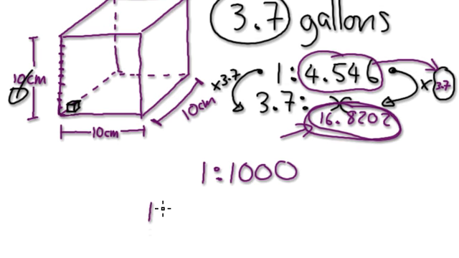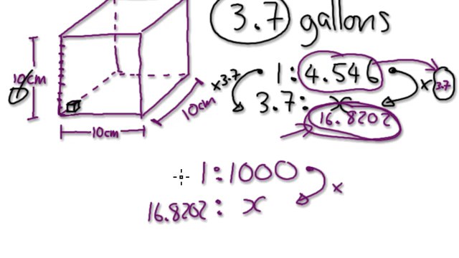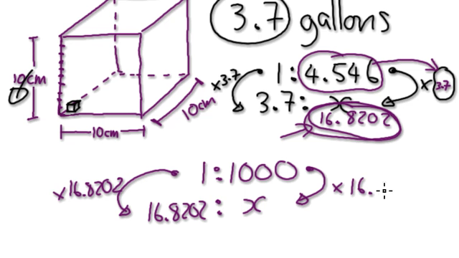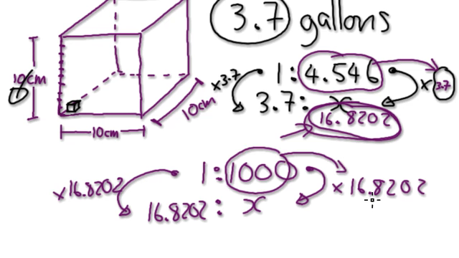So 16.8202 will be on the left hand side, and we want to know milliliters. Ultimately we want to start here and jump into here. We need a multiplier, and our multiplier would be 16.8202, so we need to get this times 1,000.